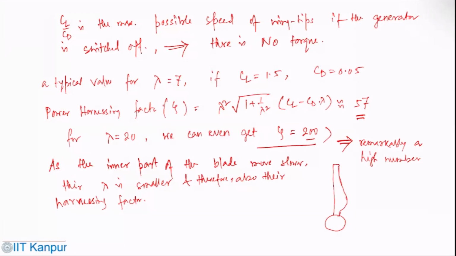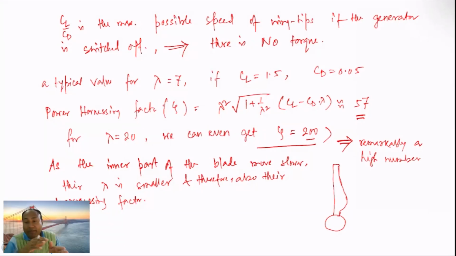Okay, so what happens is that since the inner part of the blade moves slower, lambda is also smaller for that, because lambda at any location is omega into r by V, and r is calculated from here.